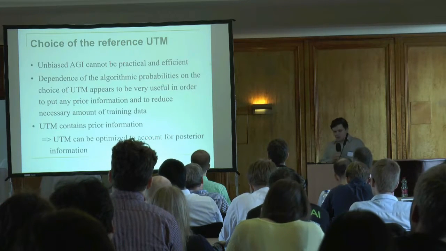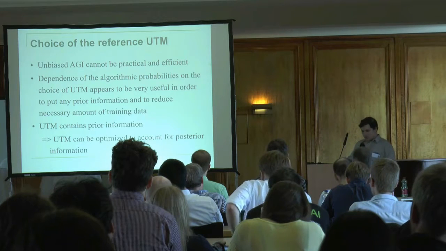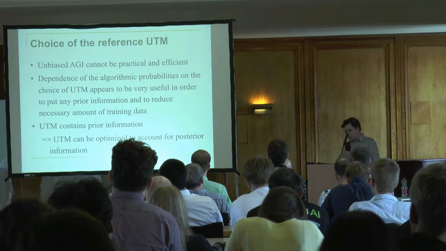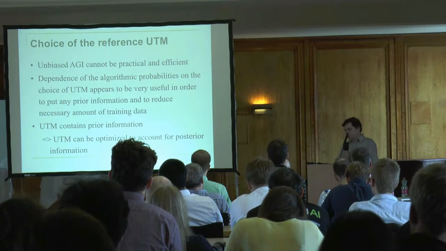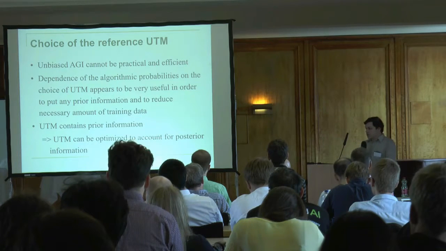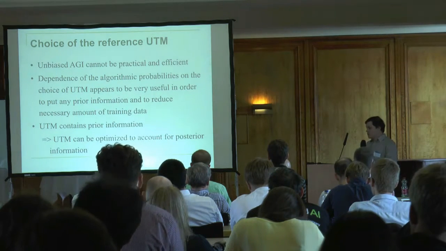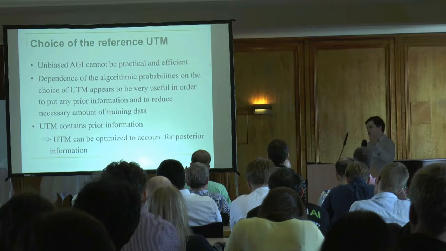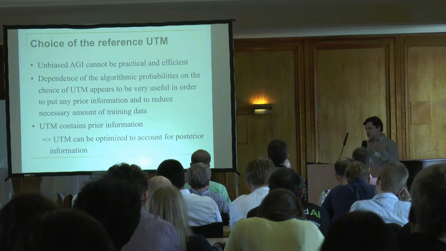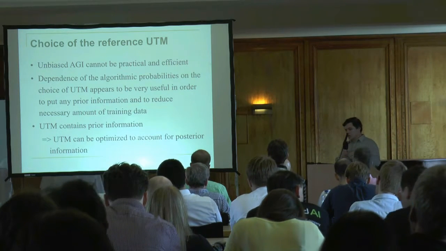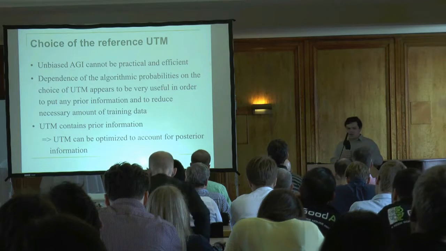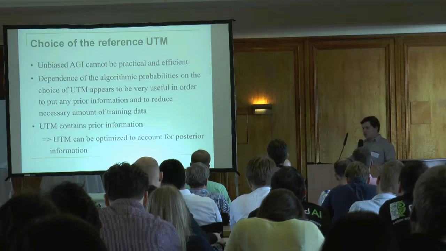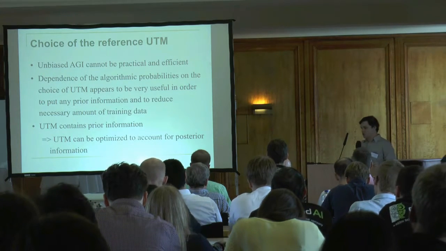So one of the most obvious ways to try to bridge this gap from the side of universal methods is to choose a universal Turing machine.